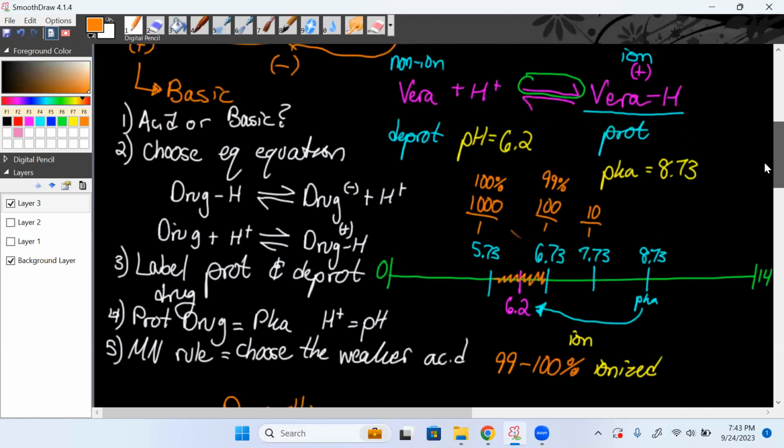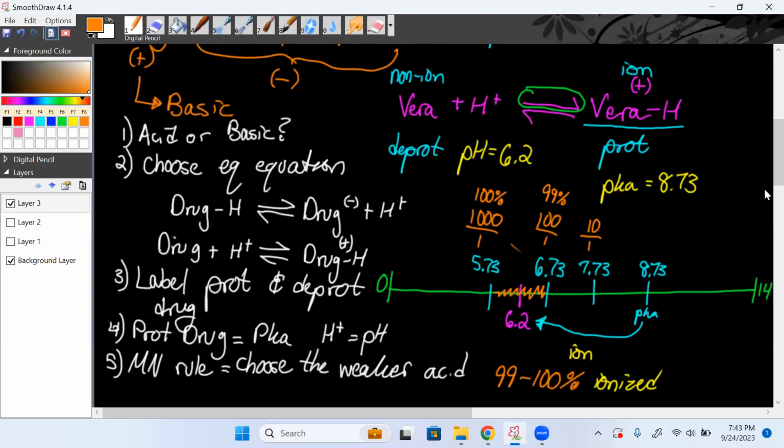How would it be ionized since you're moving to the left and you're doing 10 over 1? This is a slightly different approach than how Dr. Mahana describes it in the class notes, where we're always describing the numerator as the form of the drug that is predicted by the equation.